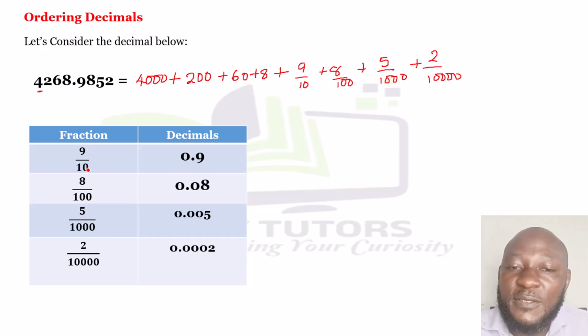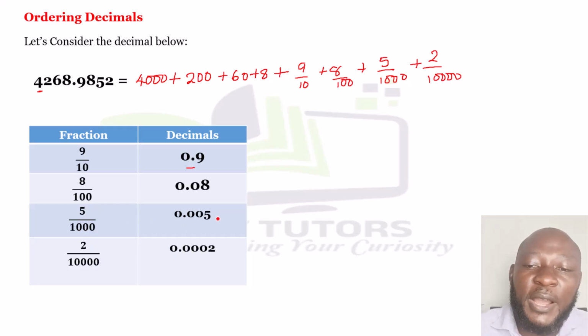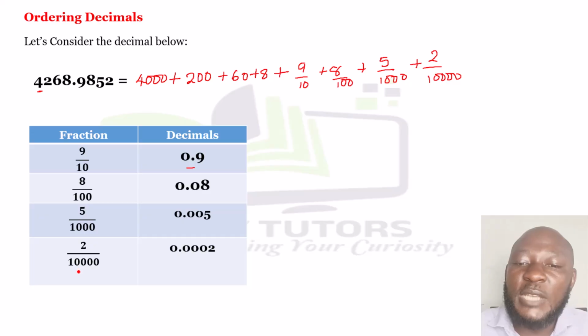Okay, let's consider this table. 9 tenths can be written like this, 0.9. 8 hundredths can as well be written as 0.08. 5 thousandths can be written as 0.005, and 2 ten-thousandths can be written as 0.0002.